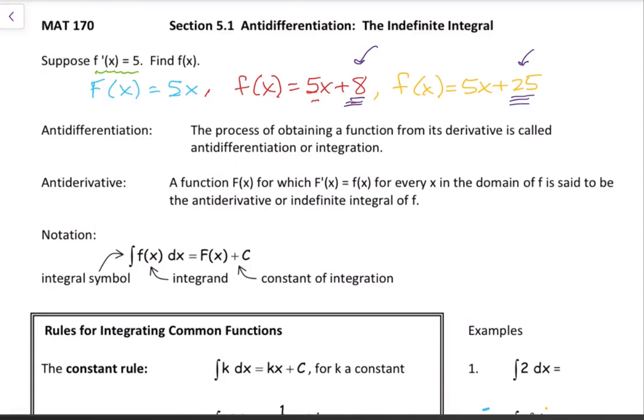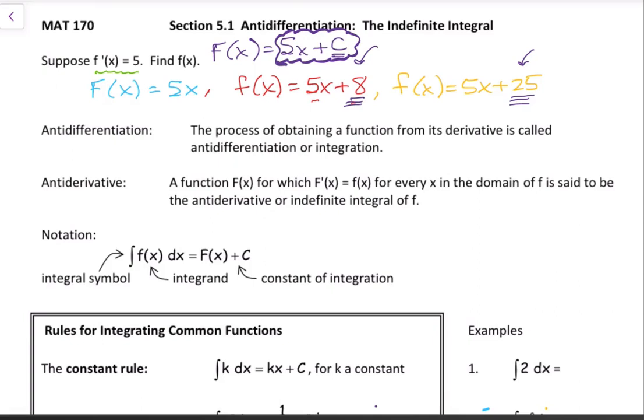So what we would say is the family of functions that has this derivative 5 would be 5x plus some unknown constant, which we represent with a c. So all of our answers when we're doing our anti-differentiation in this section is going to have that plus c at the end of our answer. So that function that we come up with is known as the antiderivative.